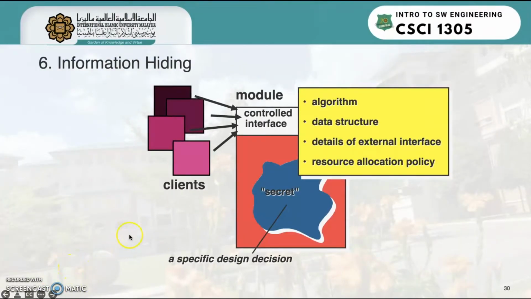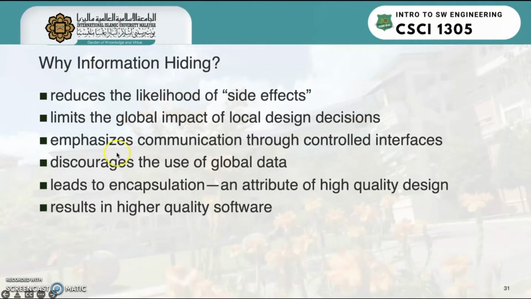In terms of information hiding, as I mentioned just now, whatever you want to hide from others, you allow them to have only the interface. If they want to know anything, they have to go through the interface to get information that they are allowed to access. There are many reasons why information hiding is recommended.